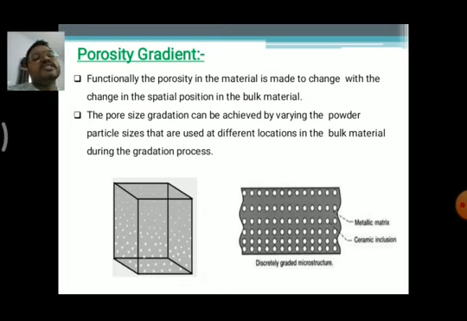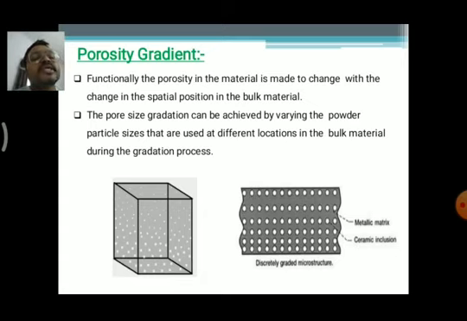So in the gradation process we are seeing different locations, that is different positions or different phases, and the particle sizes can be increased or decreased in the micron size. We see it in micrometers in the microstructures, so these are all observed in microscopes only.